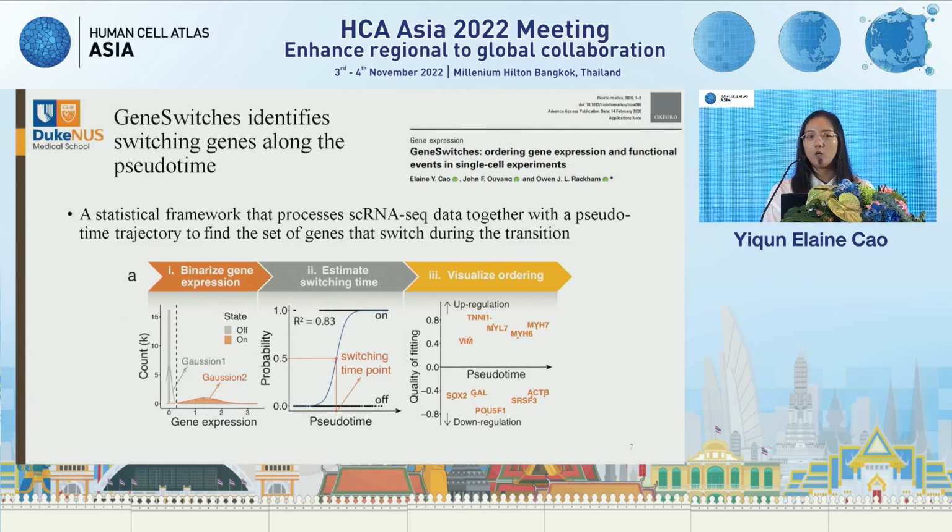For each gene, we first binarize the gene expression into off and on states. Next, we fit a logistic regression model on this binarized data to identify the switching time point for each gene. Lastly, we plot the significant switching genes along the pseudotime for visualizing the orderings with up and down regulation, with the y-axis representing the quality of fitting.